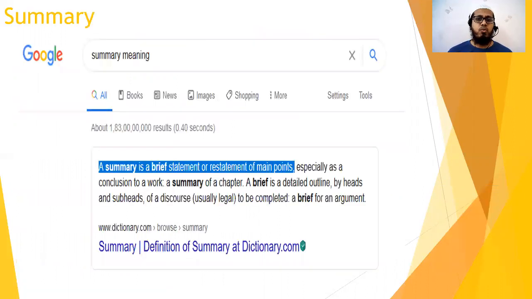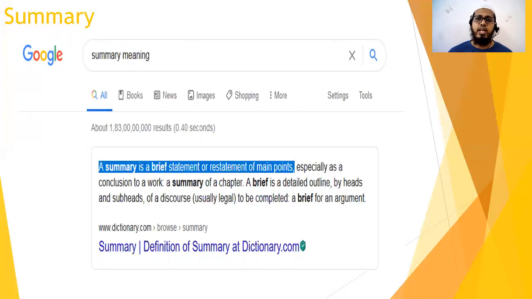First of all, let's see the definition of summary, which I have taken straight from Google. A summary is a brief statement or a restatement of main points. It is just a brief statement. Keeping this in mind, we will proceed and understand what the task actually is. A summary differs from person to person.